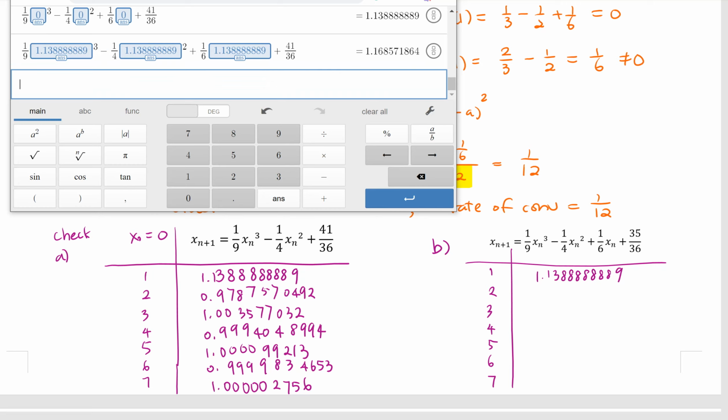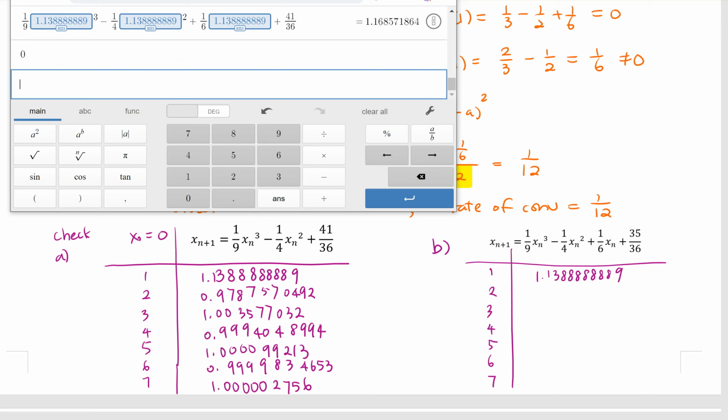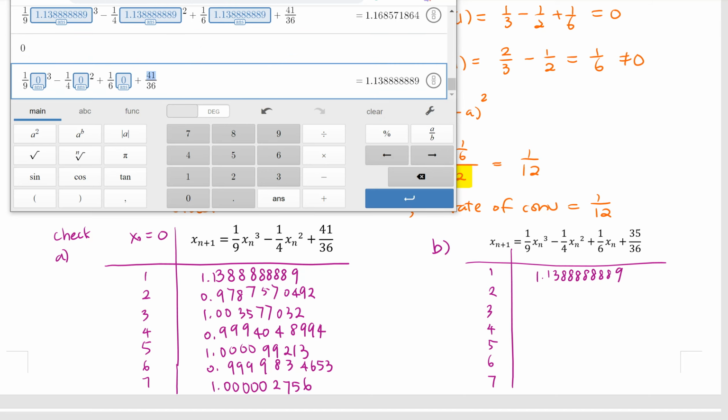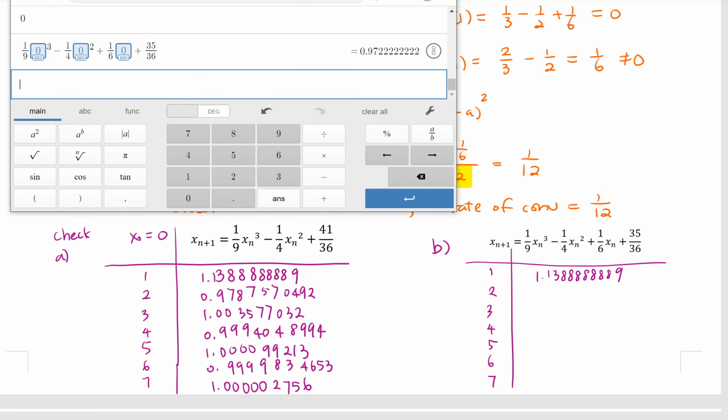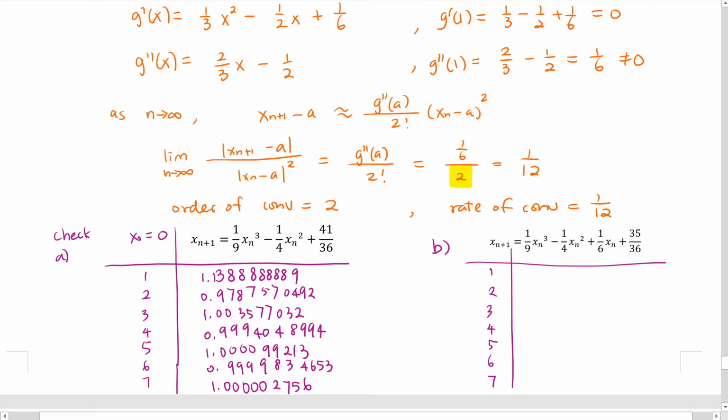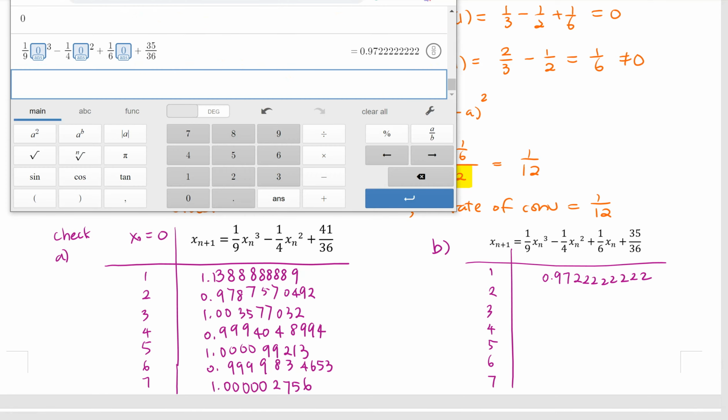Okay. But as we continue, let's see here. Oh, I just realized I made a mistake. The constant term needs to change as well. So we copy that formula, but this term also changed, to 35. Okay, so the first number is 0.97 and then a bunch of 2's.